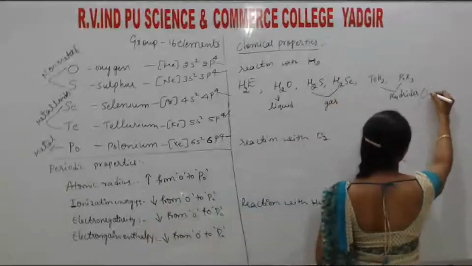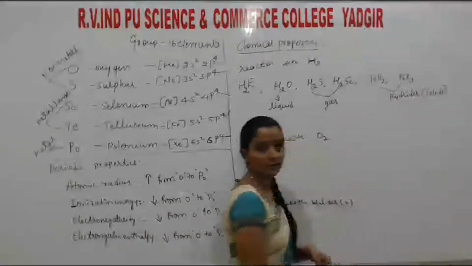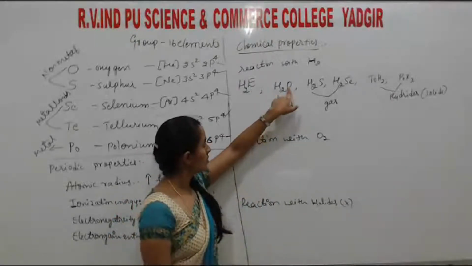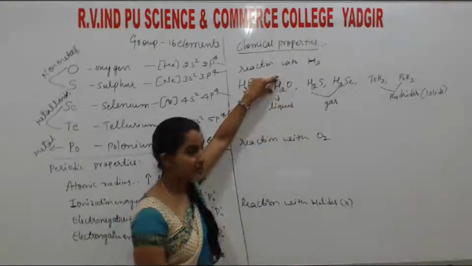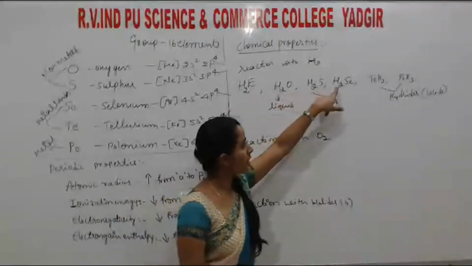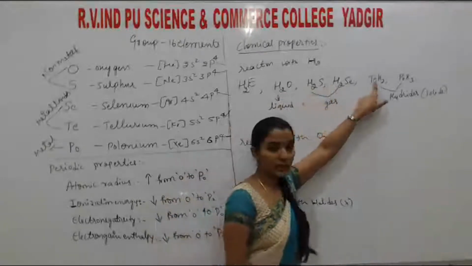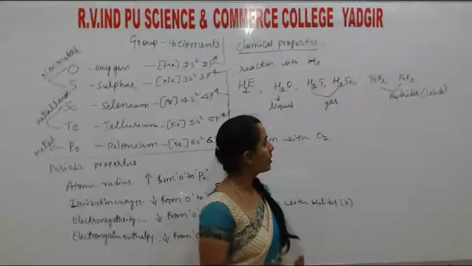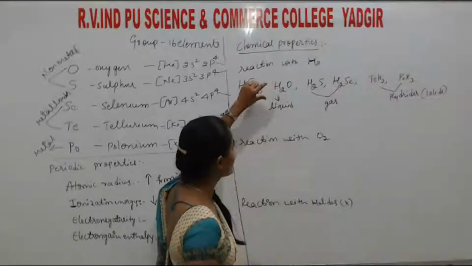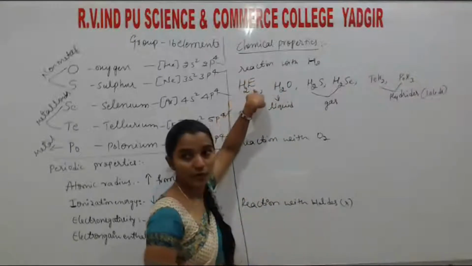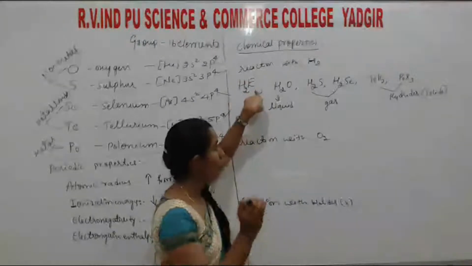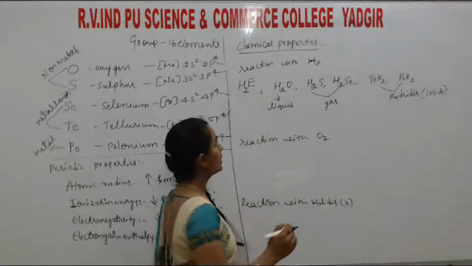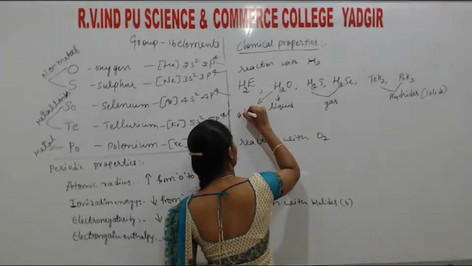Here it is H plus, and here H minus. These two belong to metals; they exhibit metallic property. You remember only this much: they form H2E type of compounds: H2O, H2S, H2Se, H2Te and H2Po. In that, the hydrogen bond is more.